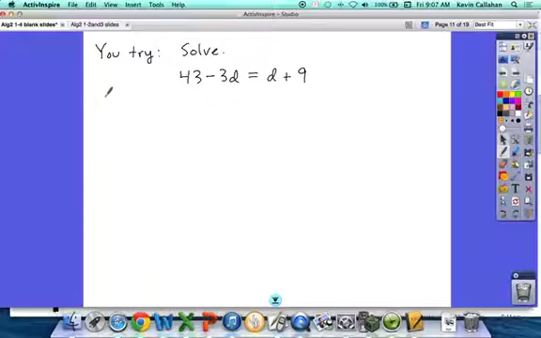You subtract that, you get 43 minus 9 is 34. Right. That's correct. That's correct. Did you get it there? You're on the right track.